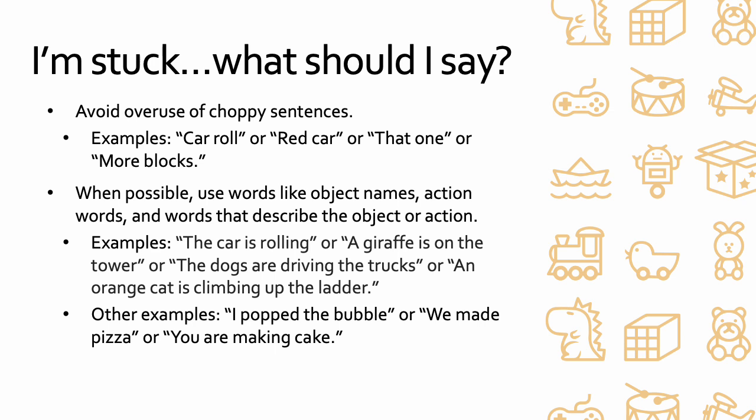Some examples of this would be, the car is rolling, a giraffe is on the tower, the dogs are driving trucks, an orange cat is climbing up the ladder, I popped the bubble, we made pizza, or you are making cake. We don't necessarily expect your child to repeat all of the words then or in the immediate future, but we do want to provide high-quality input and attention as they play.